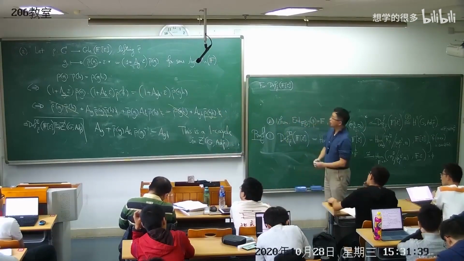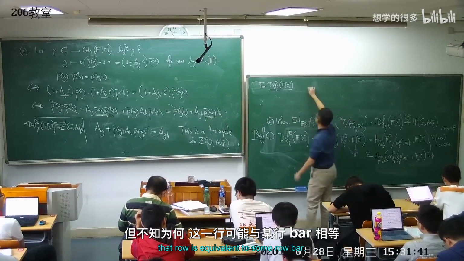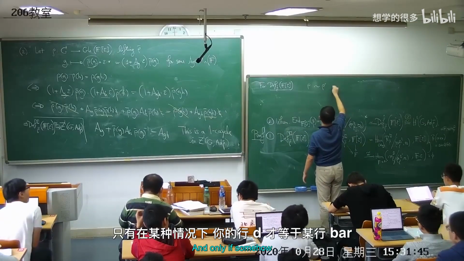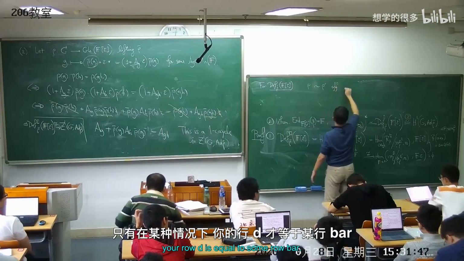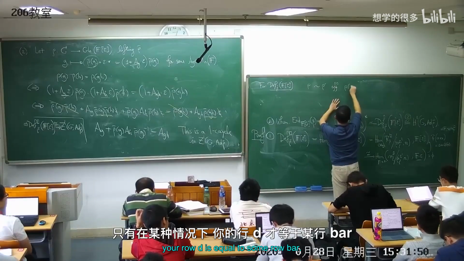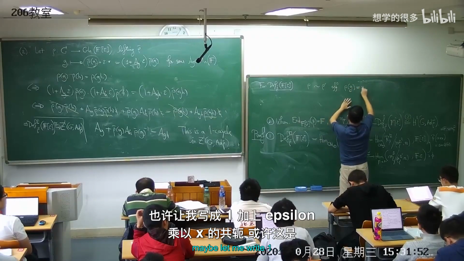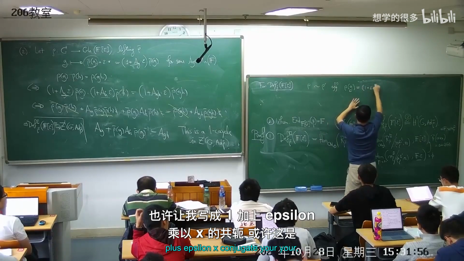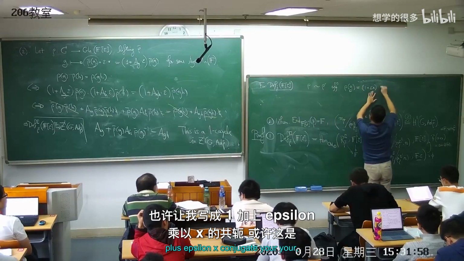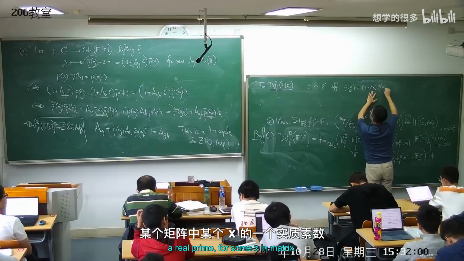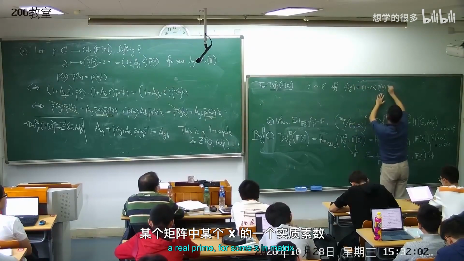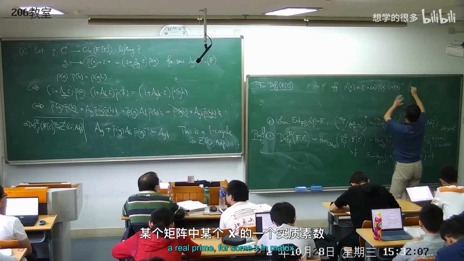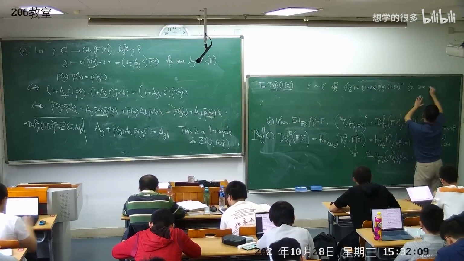But it's possible that rho is equivalent to some rho bar if and only if your rho G is equal to 1 plus epsilon x conjugating, maybe this is rho prime, for some x in matrix.